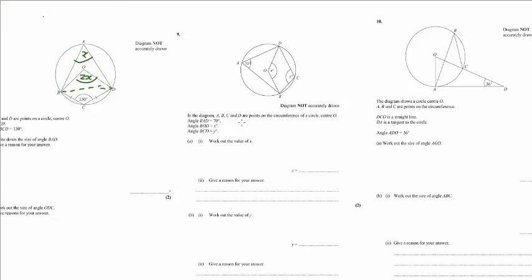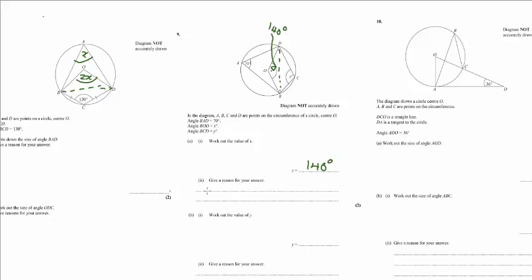Have a think. If you got this right, it's because you spotted that chord. Can you see, from that chord, one goes to the center, one goes to the edge, so that means this is double that. This one right here is 140. I'll give you a reason. It's double.